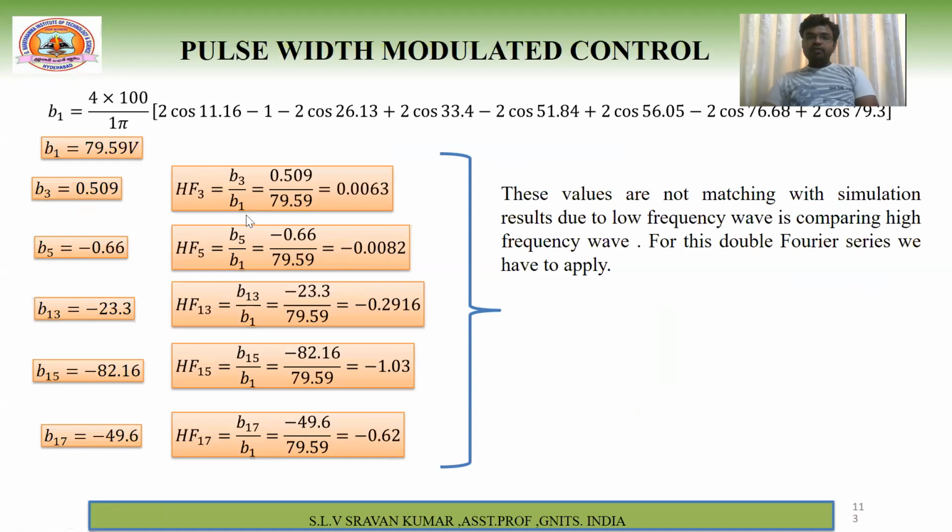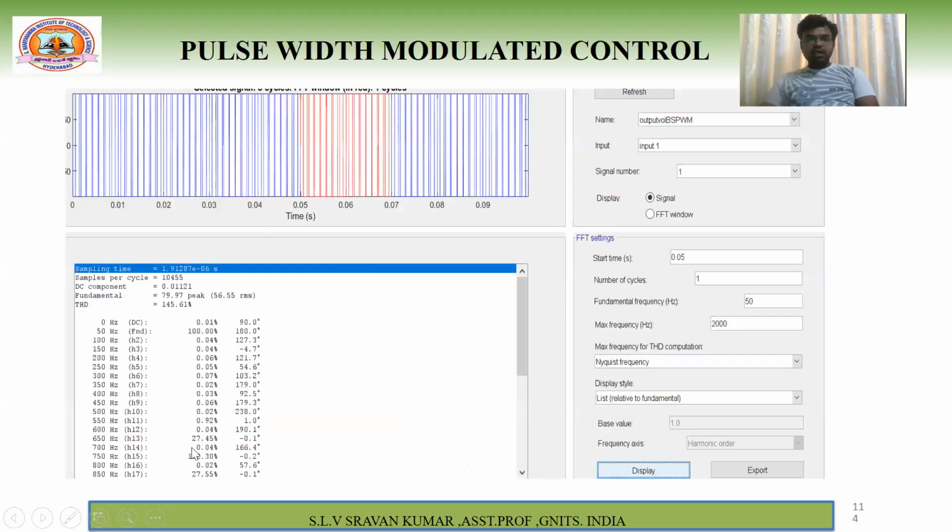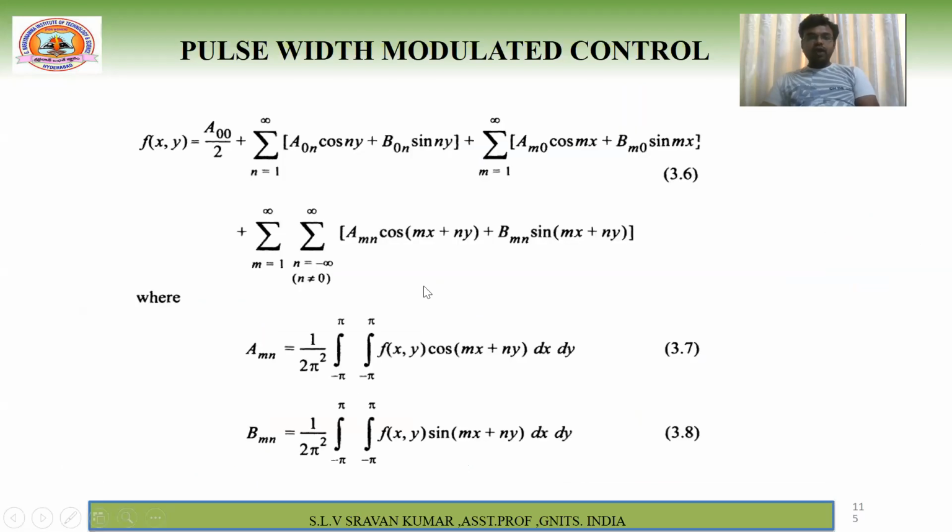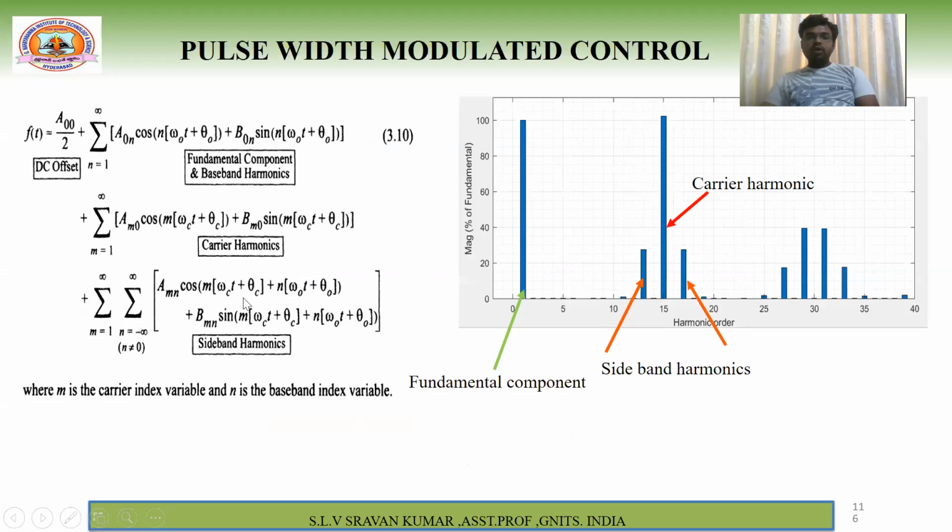It is not valid to find the harmonic factors, because these harmonic factors are not the same as your practical values. As I said, you have to add some carrier harmonics as well as sideband harmonics, then only you will get the exact values.